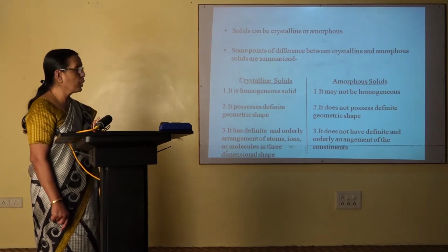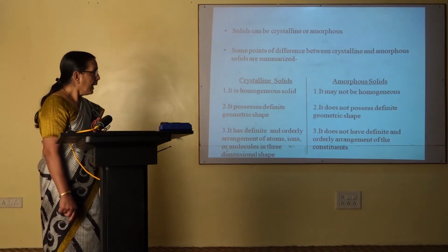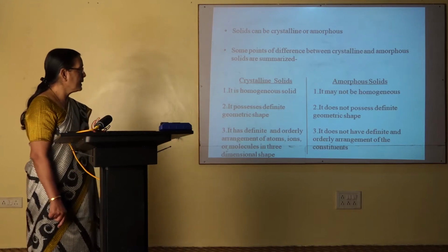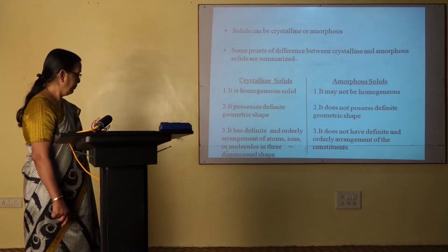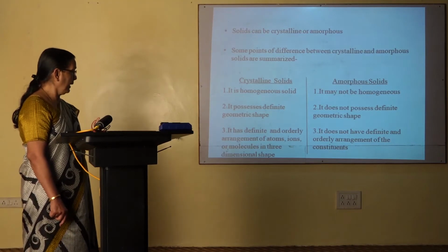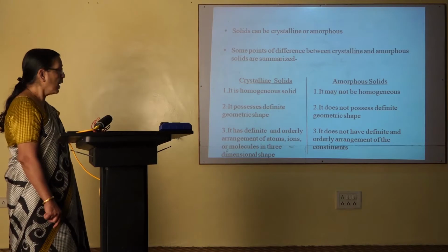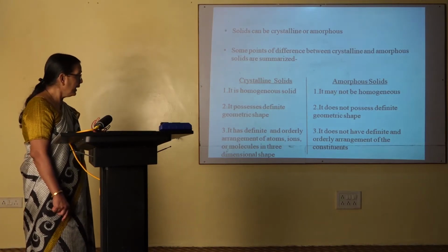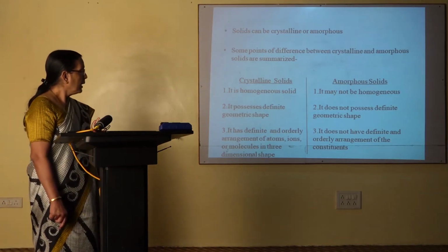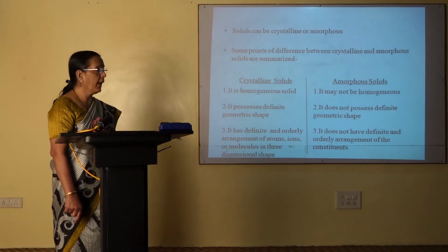First definition, crystal lattice. Crystal lattice is the definite and ordered arrangement of the constituents extended over a large distance in the crystal. This is called crystal lattice.